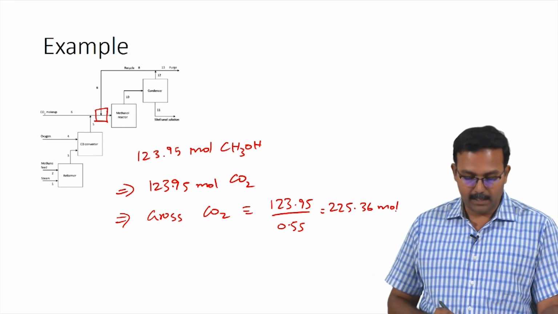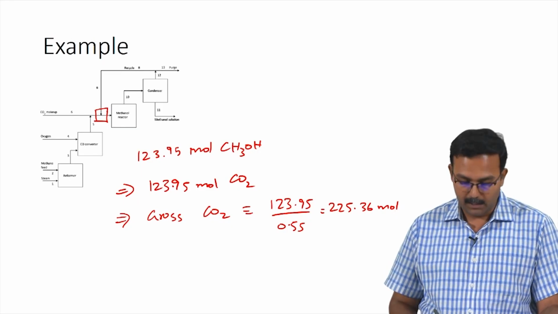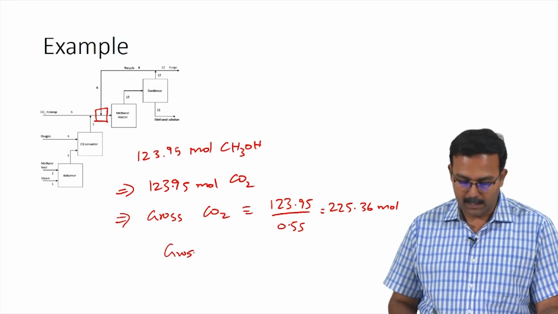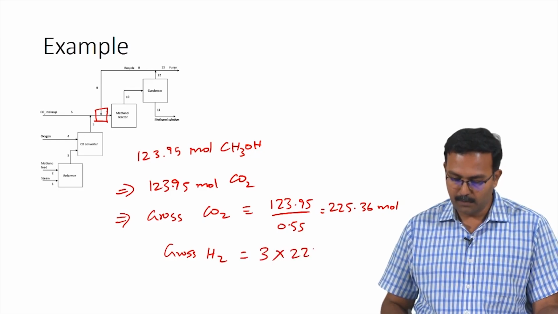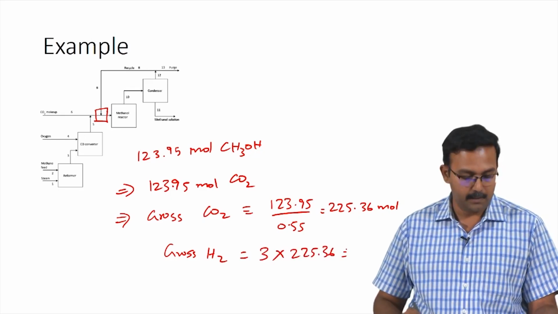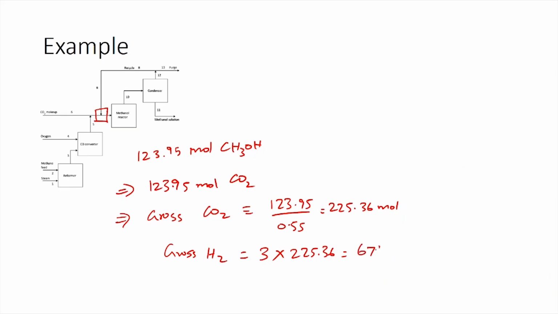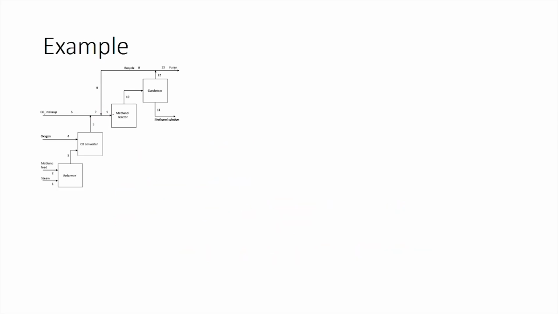As we know that the ratio of carbon dioxide to hydrogen is 1:3, gross hydrogen entering would be 3 times 225.36, giving a value of 676.09 moles. Now that we have information about the carbon dioxide and hydrogen which is present in the total feed, let us write the balance equations for the mixing point.